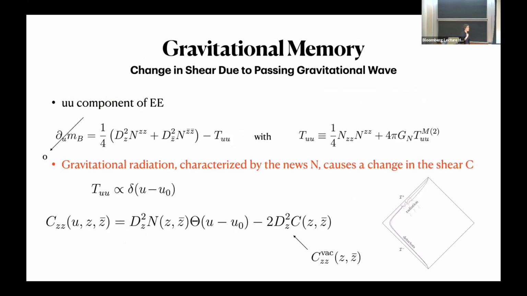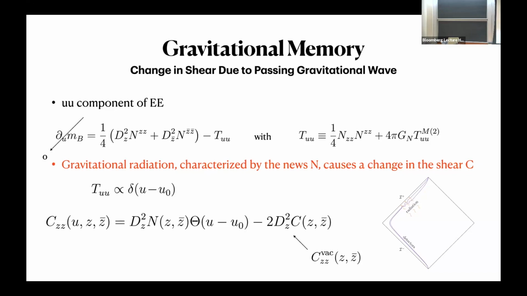In particular, if you write down the UU component of the Einstein equation, the news is just directly related to the stress tensor. So what that tells you is that the gravitational radiation, characterized by the news, causes a change in the shear. So this is, at this point, just a classical statement. The picture that you often see is you have the world lines of two detectors, and you have some gravitational radiation, let's say from a gravitational wave.